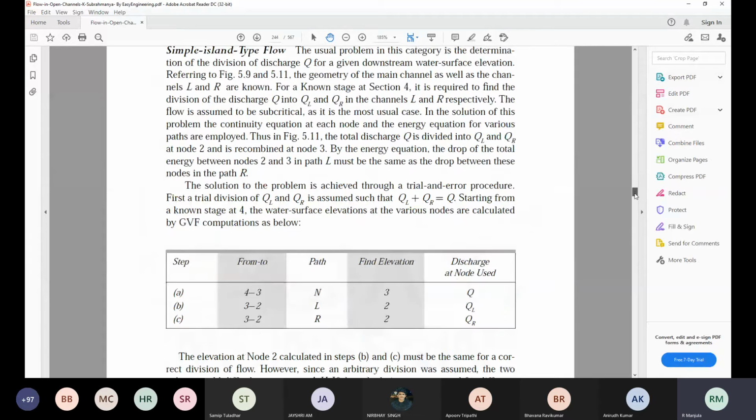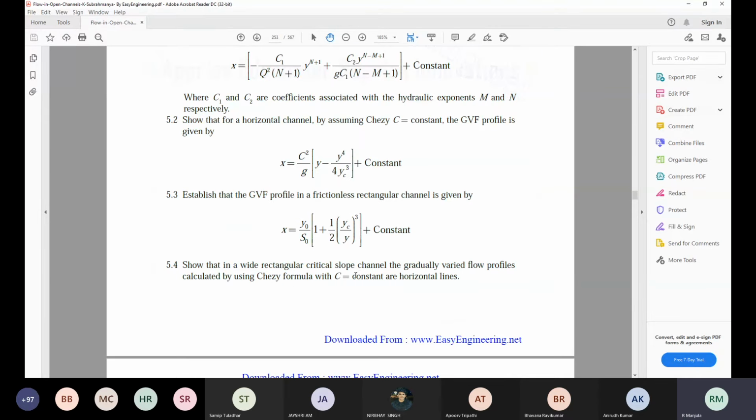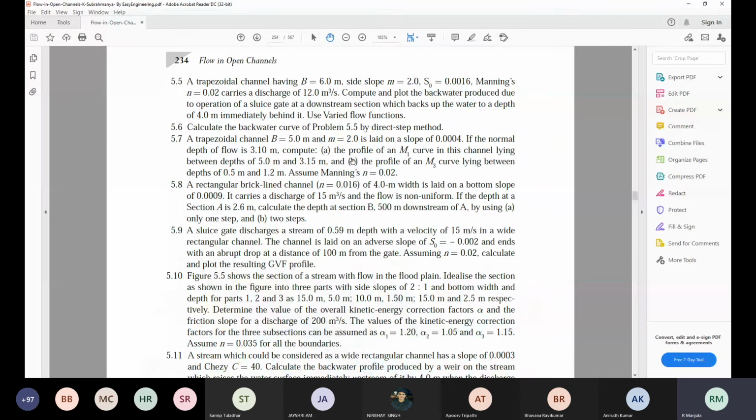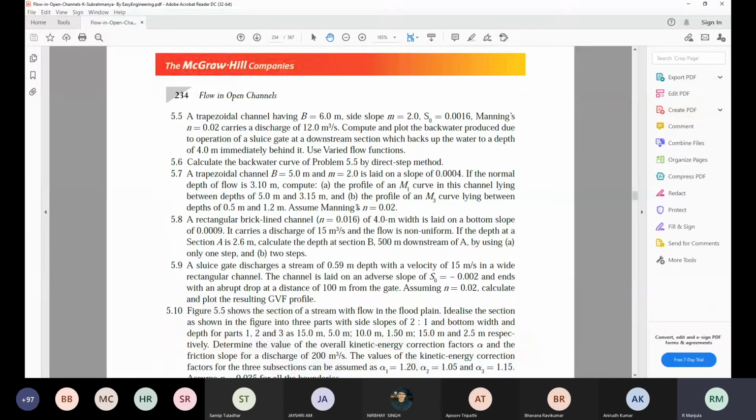And before that, I will give you one problem. Maybe you can do this problem as homework. Direct integration, and you can use your direct step method. So please note down problem number 5.6. Calculate the backwater profile by the direct step method. Okay. Calculate the backwater curve for problem number 5.5 by using the direct step method.